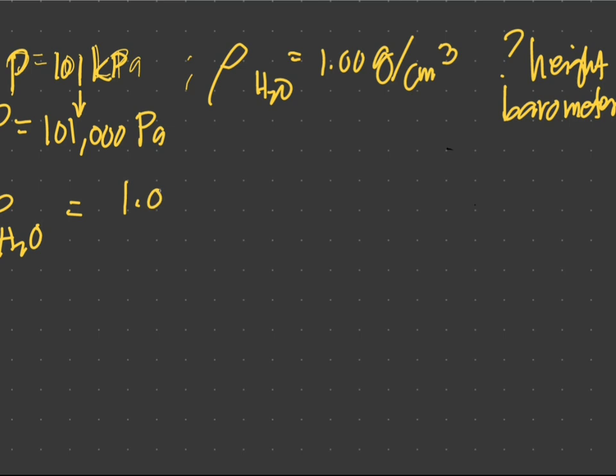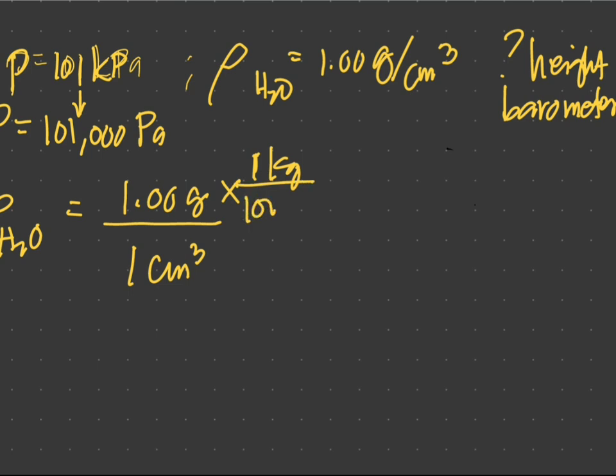So that is 1.0 grams per cubic centimeter. We convert this to kilograms. No, 1 kilogram is 1,000 grams, right? 1,000 grams.